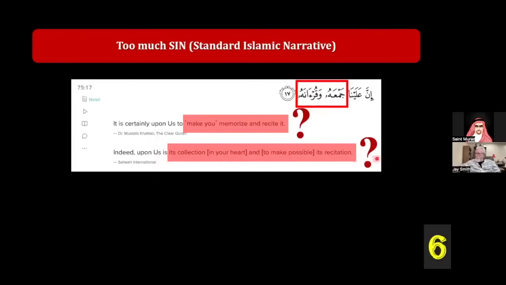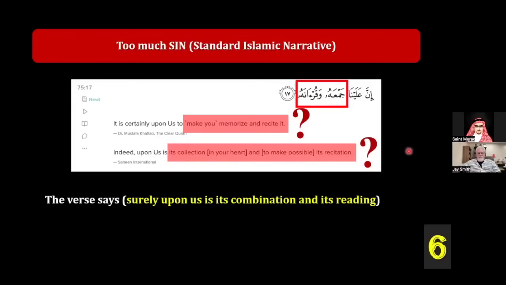So as you can see here, in a very indirect way, Muhammad is being shoved in there in these two translations. Of course, there are translations that are worse. I'm taking the two famous ones that Muslim converts usually go back to. The verse is saying, surely upon us is its combination and reading.